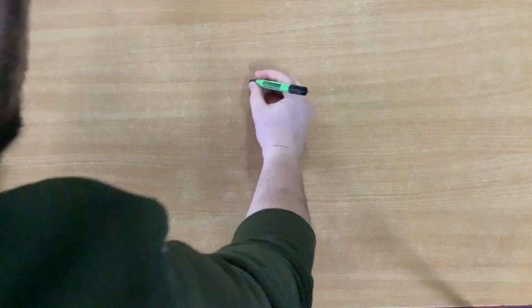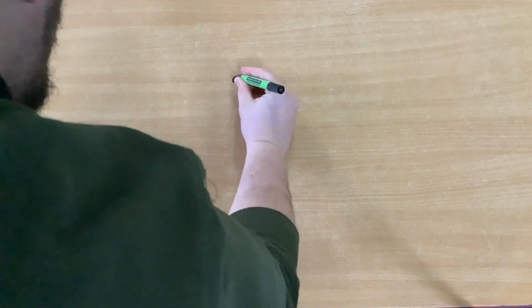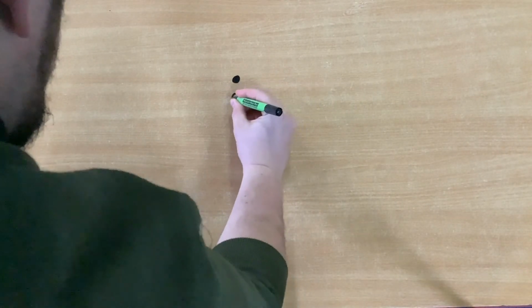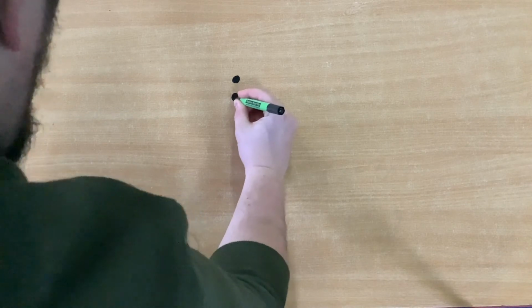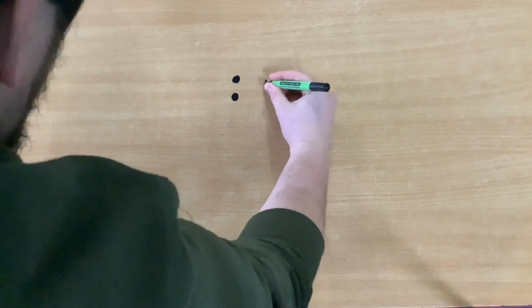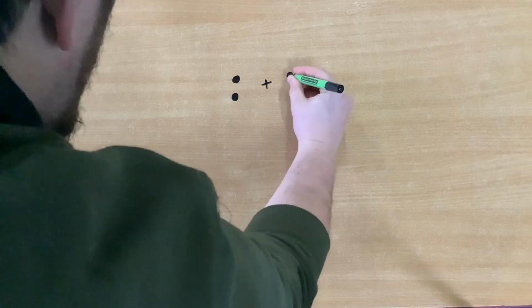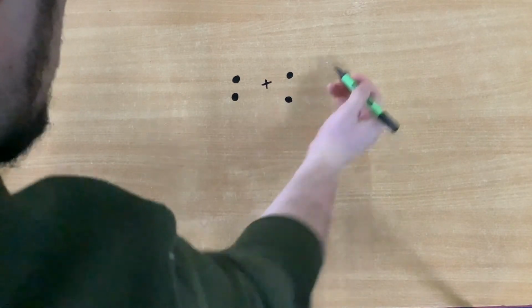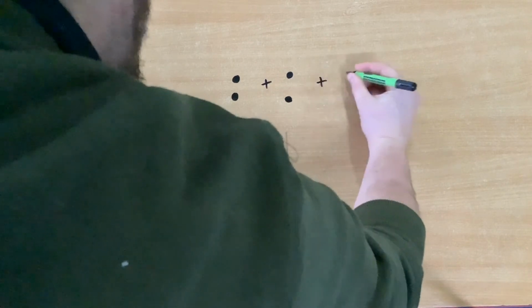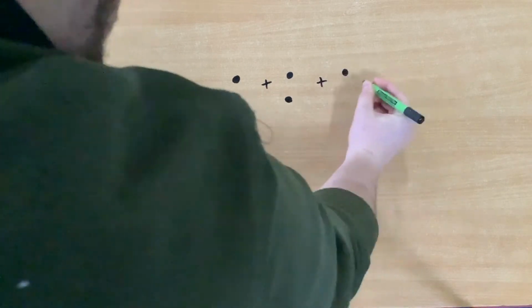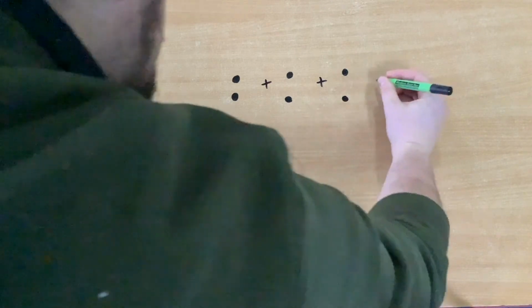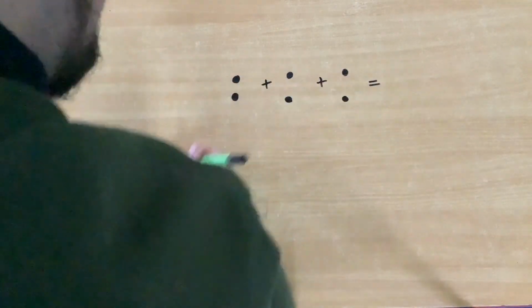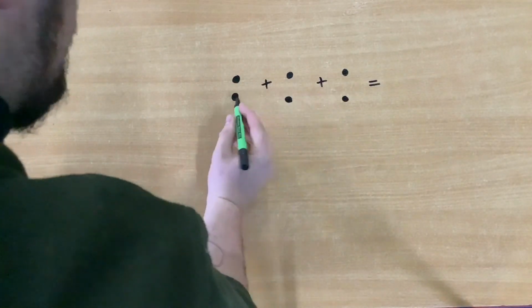We can also do this by showing it using our dots. We've got 1 dot. So there's 1 group of 2 there. Plus, let's draw another group. I now have 2 groups of 2 dots. Plus a 3rd group of dots. I now have 3 groups of 2 dots.